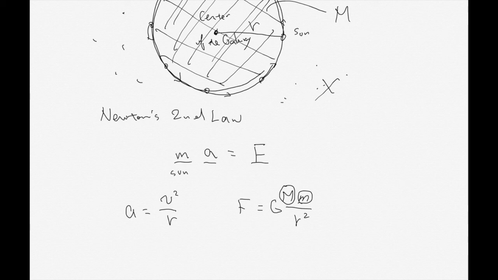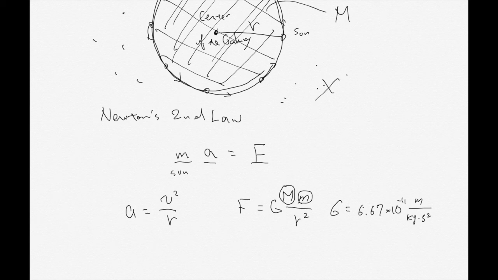The universal law of gravitation gives G as 6.67 times 10 to the minus 11 meter cubed per kilogram second squared.